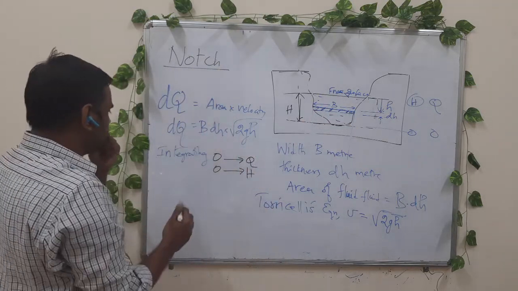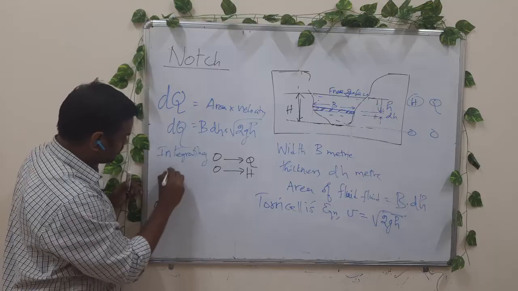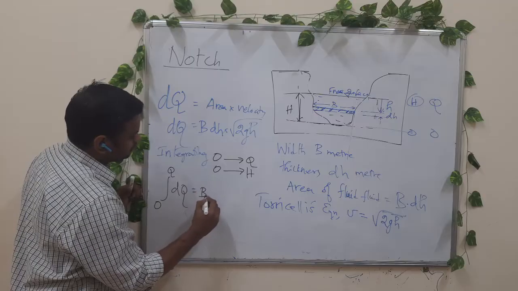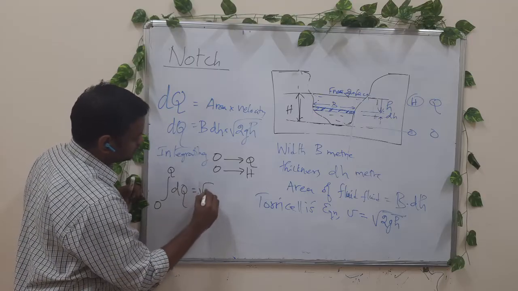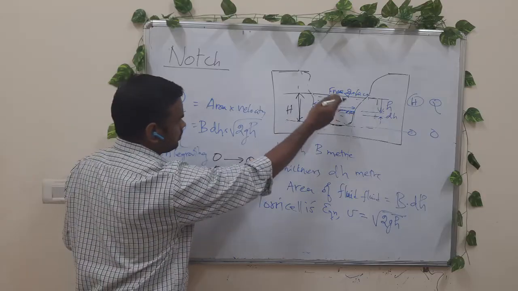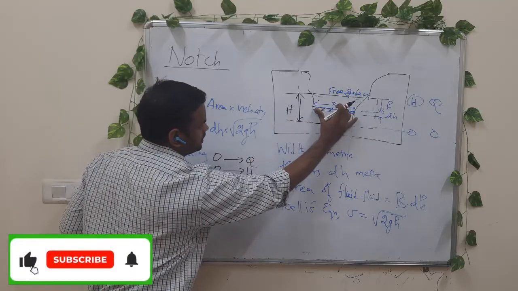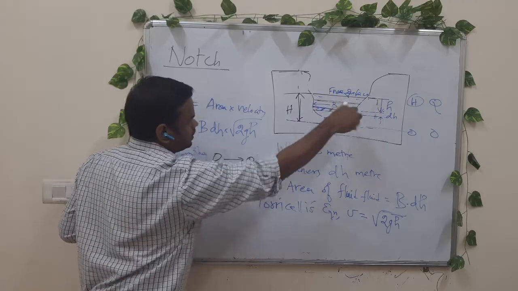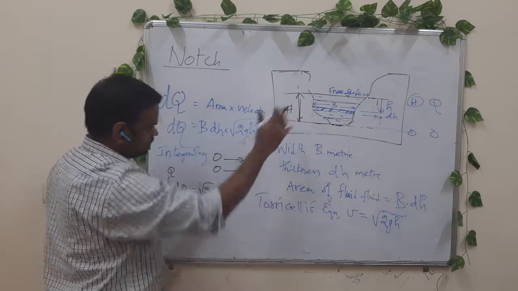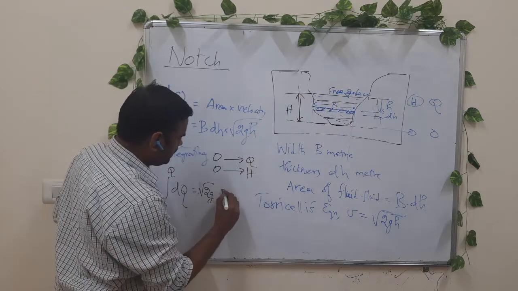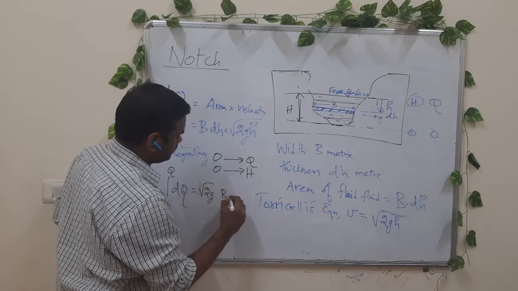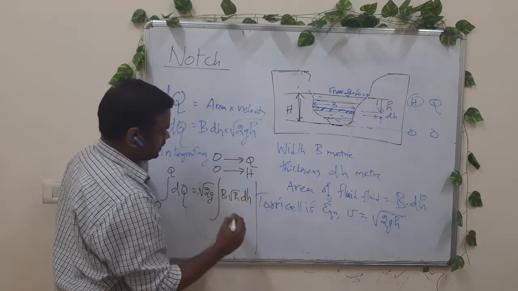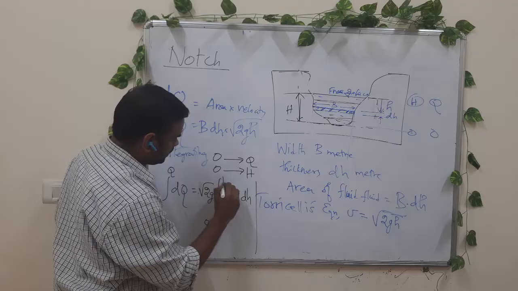Integrating dq from 0 to Q gives square root of 2g, which is constant, times the integral of b square root of h dh, where b is a function of h, because the length varies depending on whether the stream we consider is here or here or anywhere, when the notch is dissimilar in shape. The limits of h are 0 to capital H.